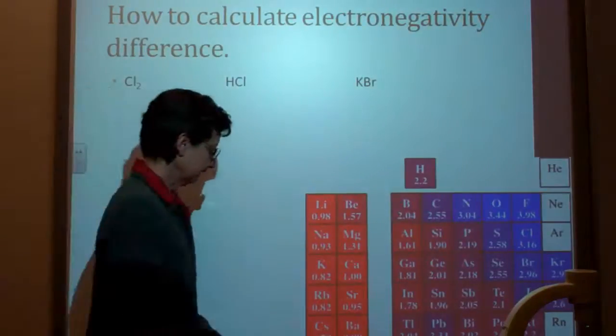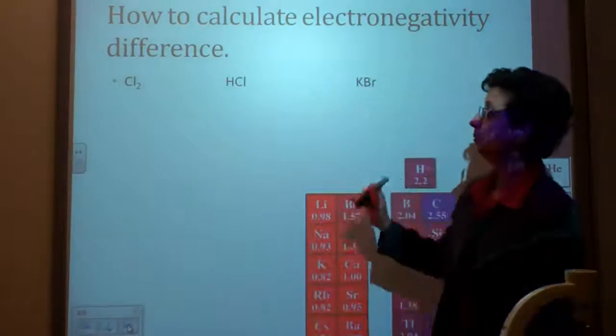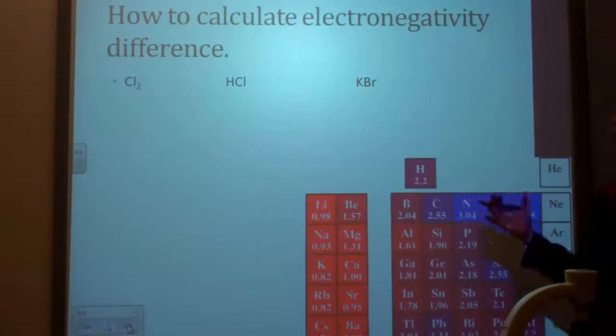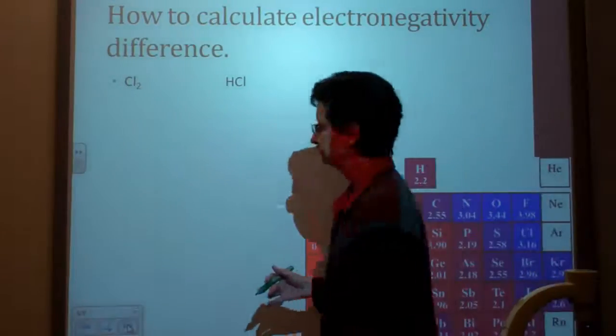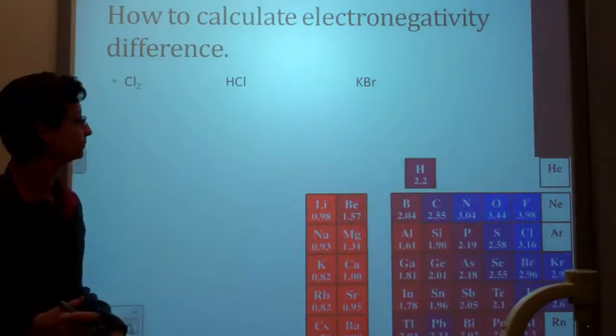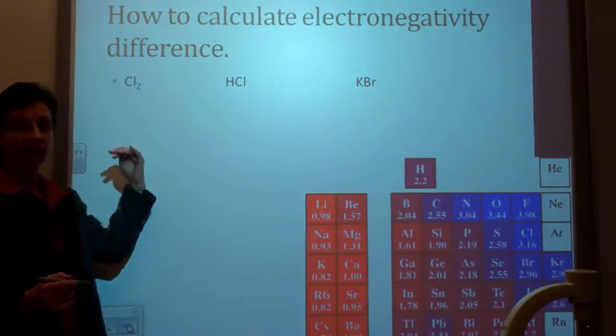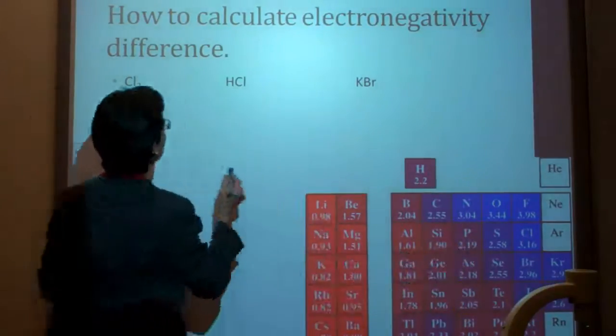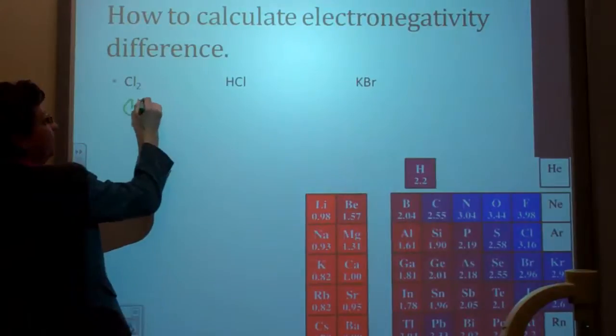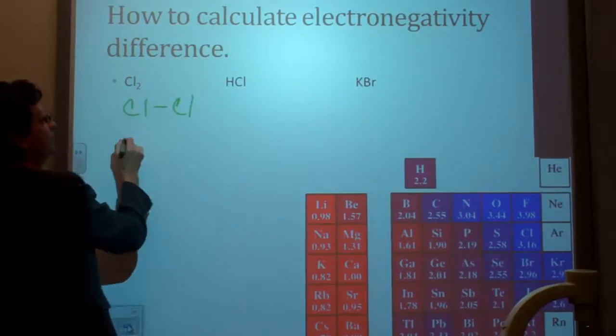All right, finally, let's take a look at a couple of examples. How do we figure out what kind of bond an atom or a molecule has? Chlorine, for instance, if we look up chlorine, it's 3.16. So we have Cl, Cl.